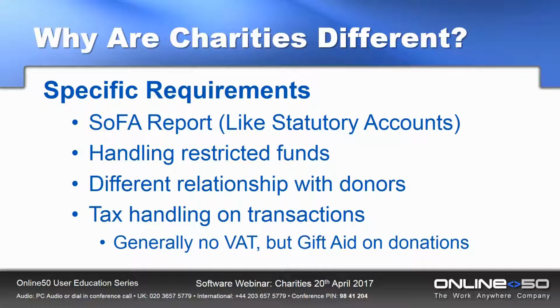They will have a different relationship with their donors to most commercial organisations, depending obviously on the size of the donor. And tax handling on transactions is different. In general, there is no VAT, of course, in charities, because charities don't make vatable supplies. Some may do, but most don't. But of course, they can also be looking to recover Gift Aid on the donations they've received from individuals. So different handling of tax.